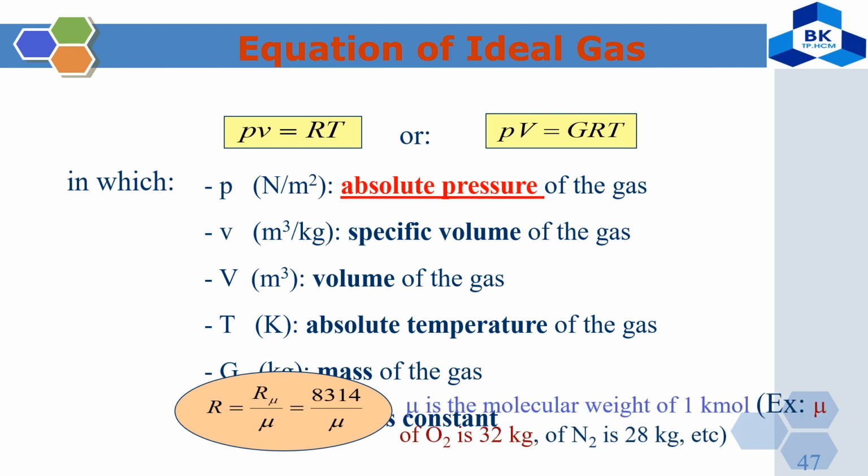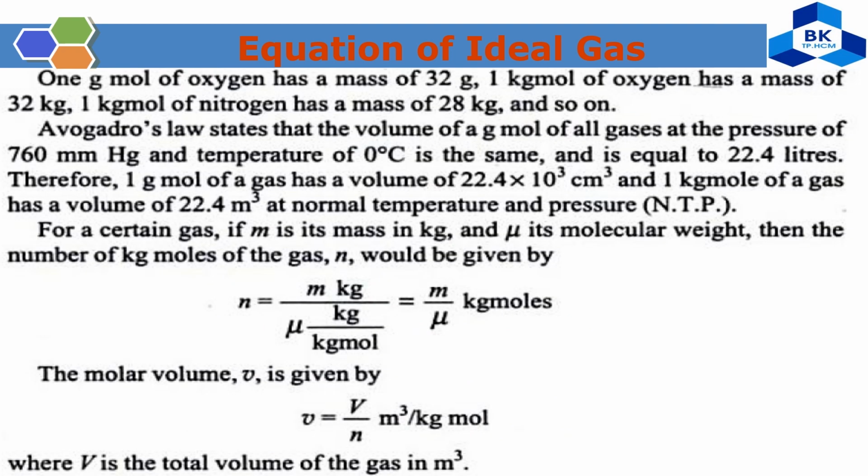The gas constant here comes from Avogadro. R will be 8,314 divided by mu, where mu is the molecular weight in kilograms. For example, the molecular weight of oxygen is 32, so you use 8,314 divided by 32.